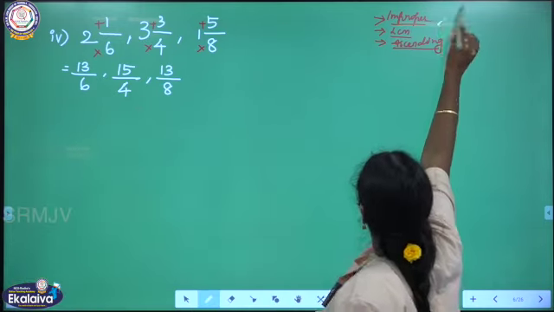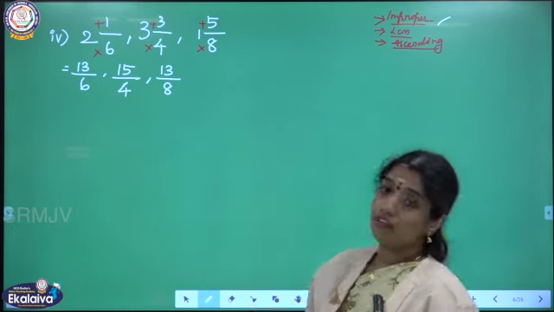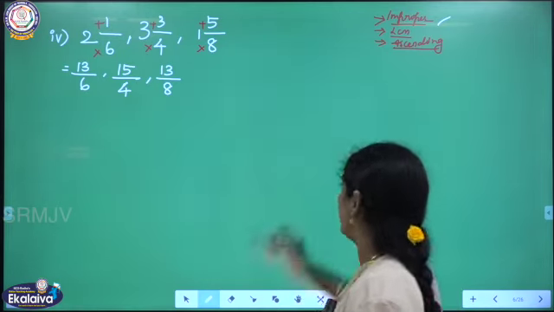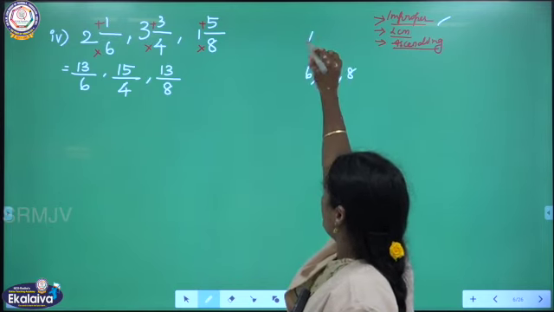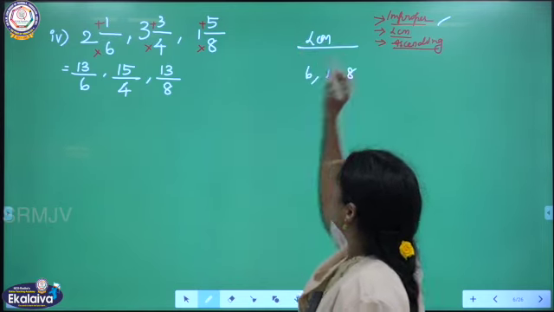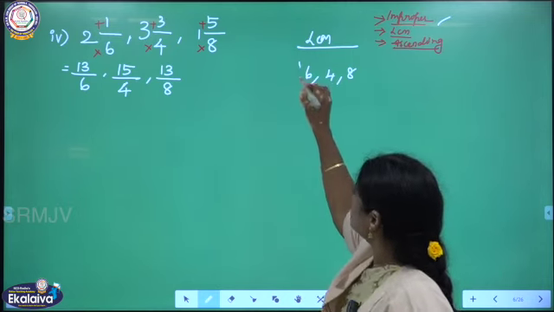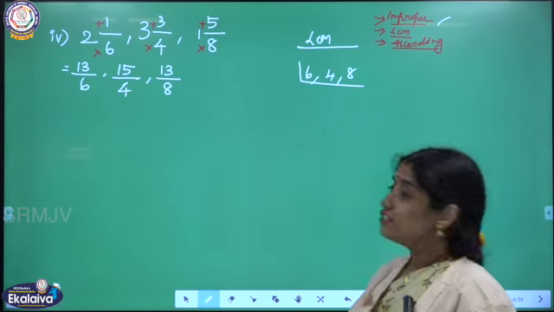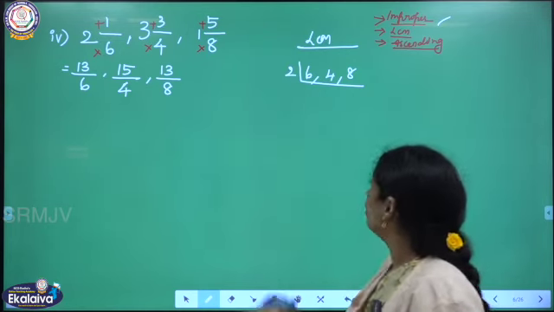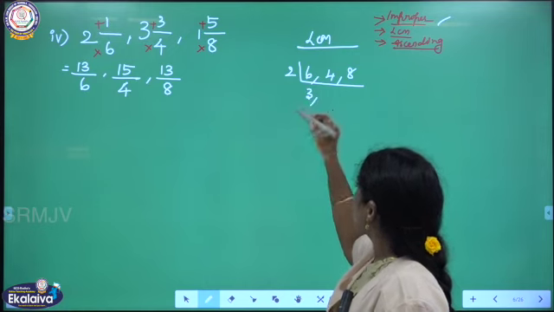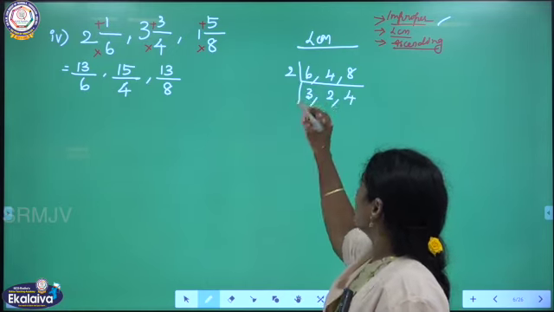Just I have written into the improper fraction. Now I am going to find out the LCM. Listen, 6, 4, 8, I am going to find the LCM because I am going to make them what? Like fractions. So listen, I have to divide only by prime numbers. So 2, 2 3s are 6, 2 2s are 4, 2 4s are 8.